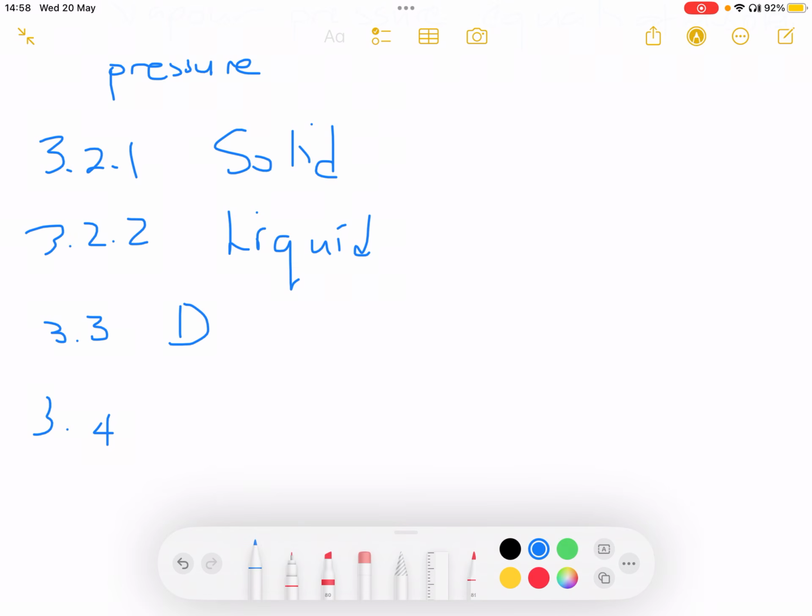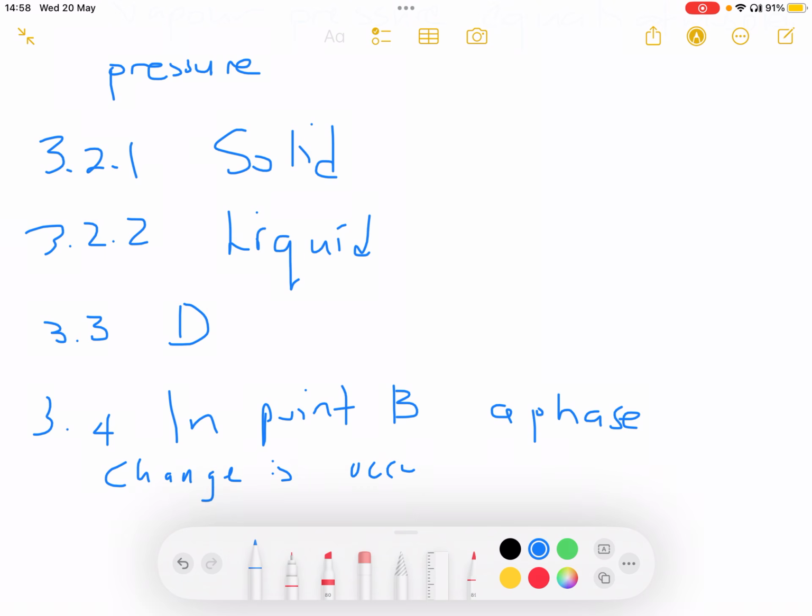Remember I said there's a transition that is happening in terms of phases. In point B, you can write that a phase change is occurring.